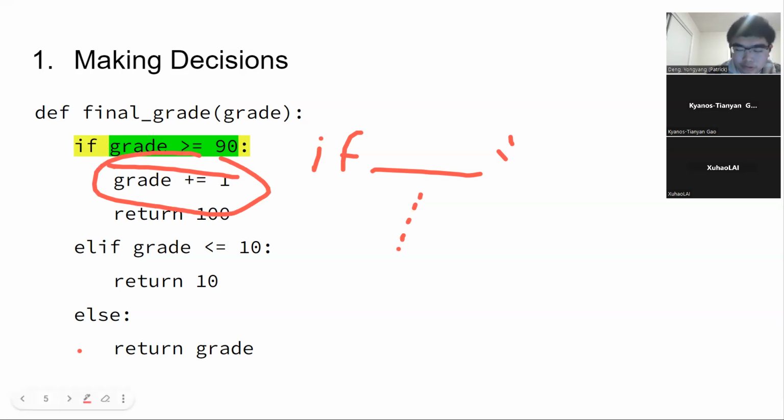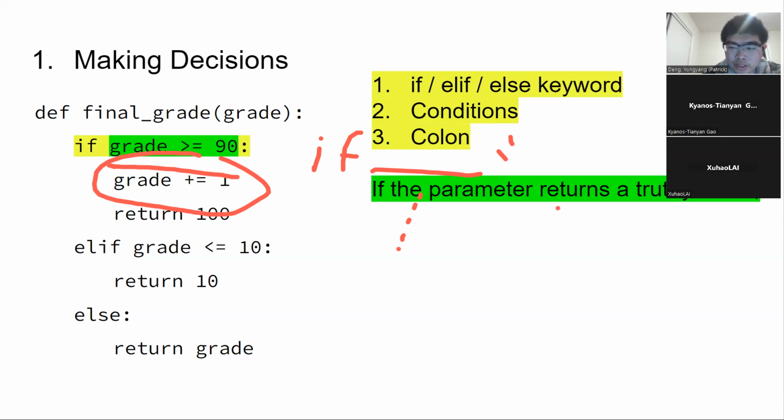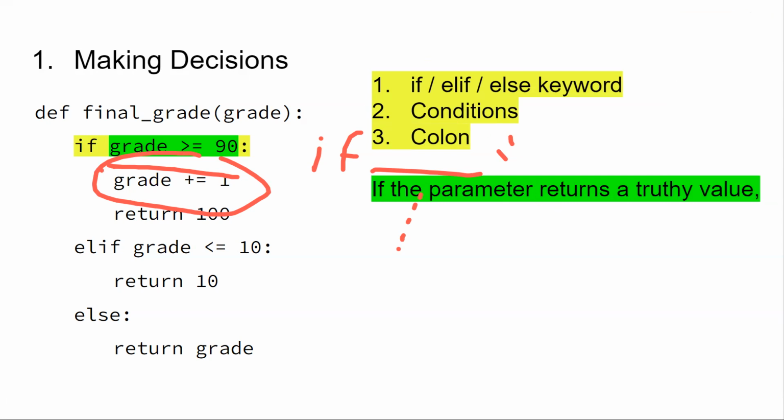We also have the else if keyword, with conditions and also a colon. So how do we know if we hit the if statement and run things inside it? If the condition of the if statement returns a true value, then it will go into the if statement and run them.